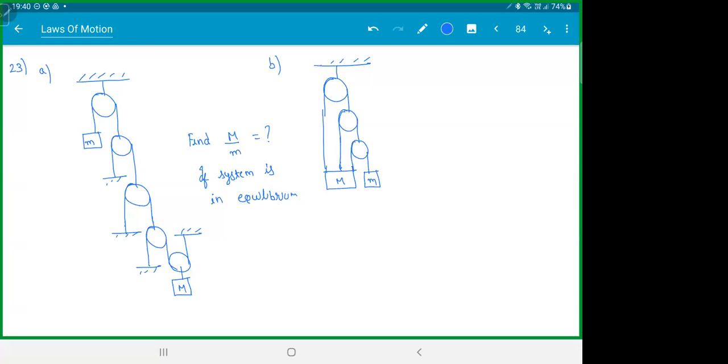Finish it off. Don't take much time. Drawing the question actually takes more time. Solving is easy. Find M by m if the system is in equilibrium.